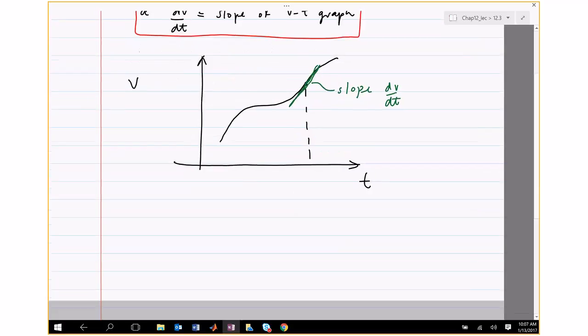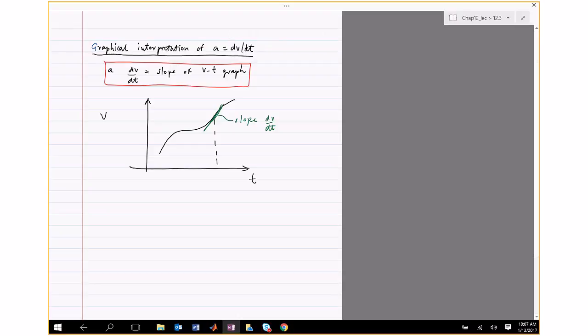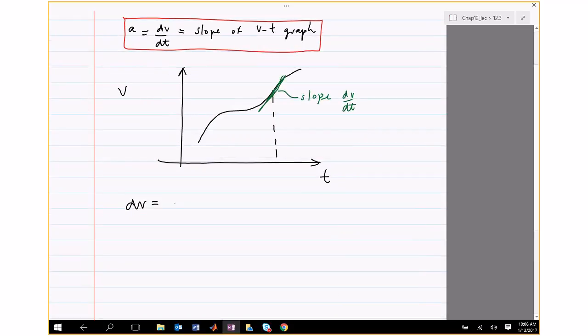Now a further thing we can do is we can integrate this equation. So dv is a dt, and if I integrate that, let's say that I want to integrate the velocity from v1 to v2.